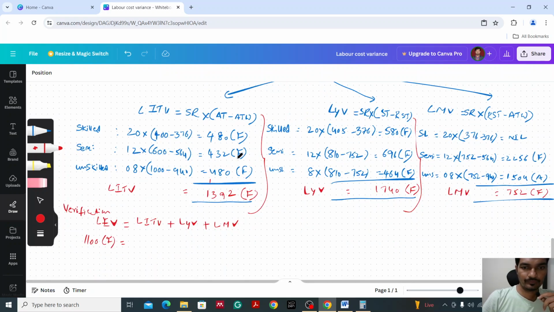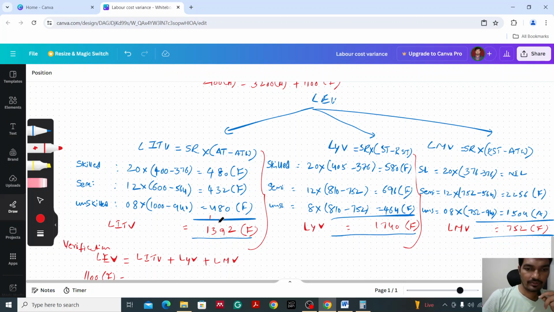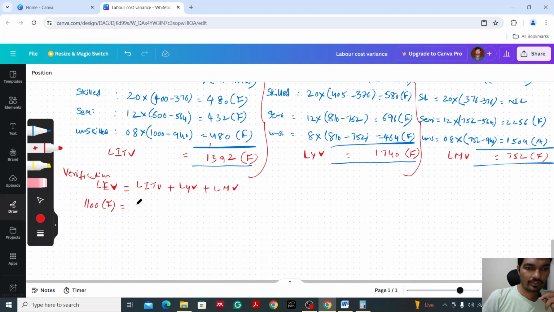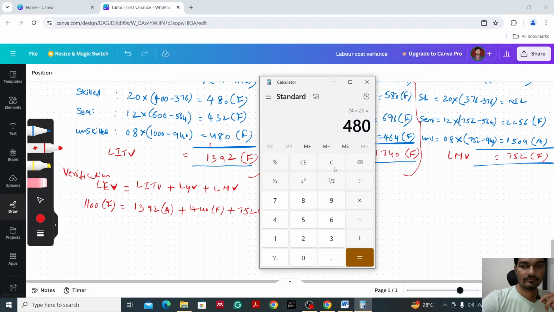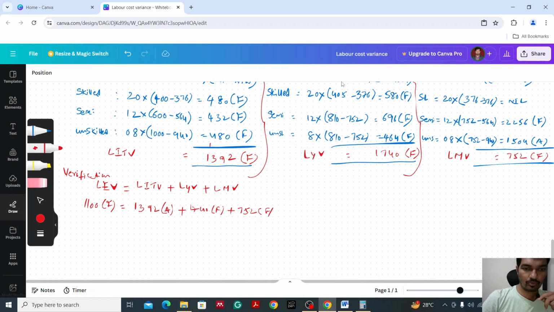Then the total value is 1392 adverse plus 1740 favorable plus 752 in favor, that is 1740 plus 752 minus 1392. Hence it is proved.